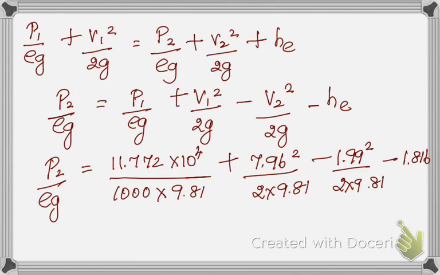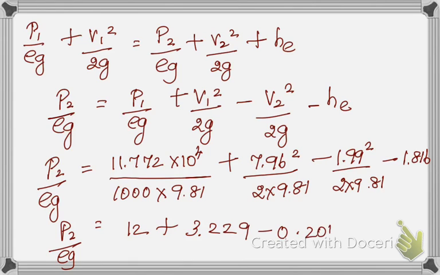Okay, now this becomes P2 by rho g is equal to 12 plus 3.229 minus 0.2018 minus 1.8160. Okay, now P2 by rho g, after simplification, I will be getting this to be 13.21 meter.